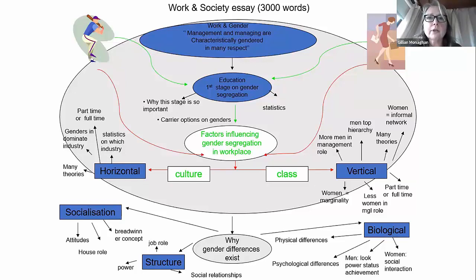Management and managing are characteristically gendered in many respects, that should say. And that was the starting point, the starting quote for an essay, and the student was required to evaluate that statement.